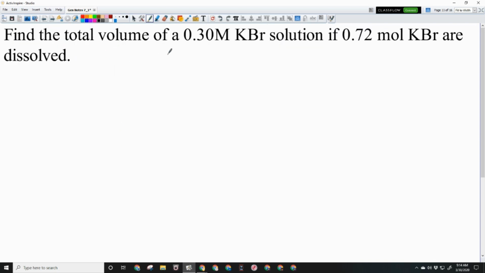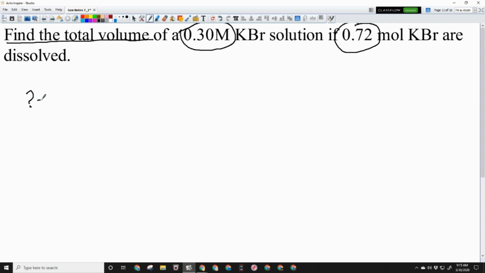Find the total volume of a 0.30 molar solution if 0.72 moles of KBr are dissolved. Okay, so find the total volume. That's our unknown, so let's list these out.